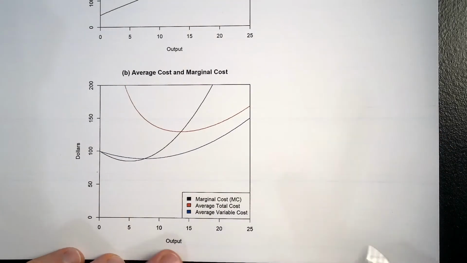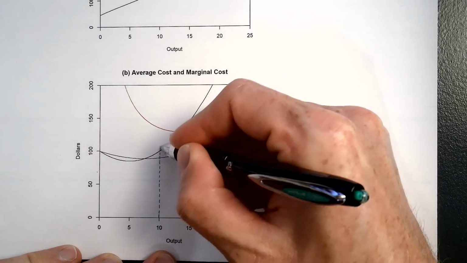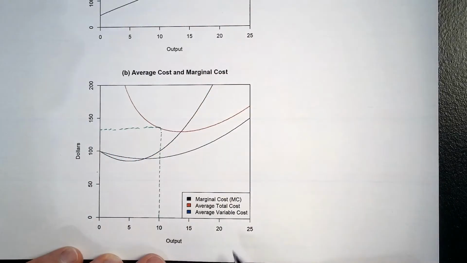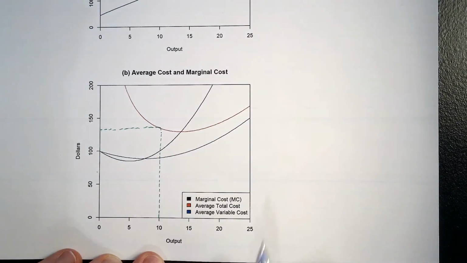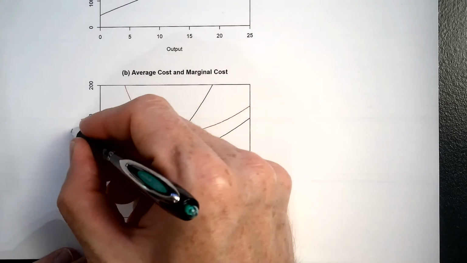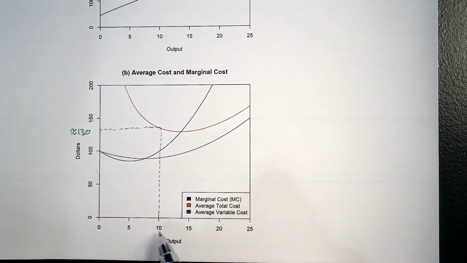Now, what this graph shows us is, for example, if we are looking at an output of 10, then the average cost associated with producing 10 units is about $130. So each of those 10 units is going to cost us $130 to produce.